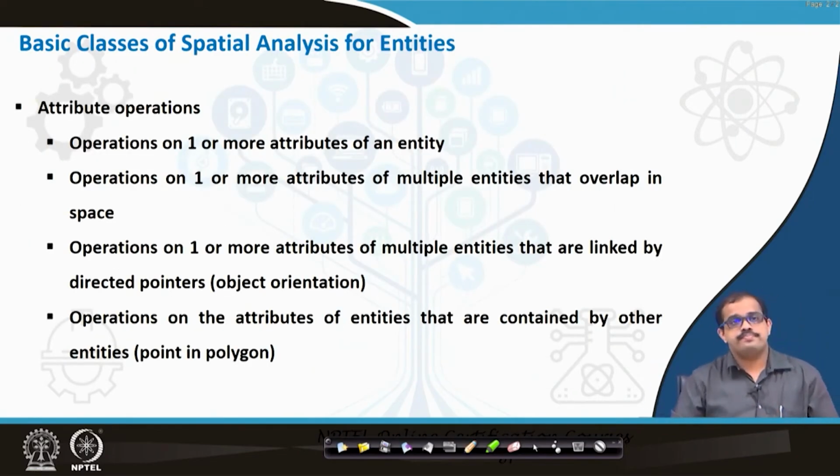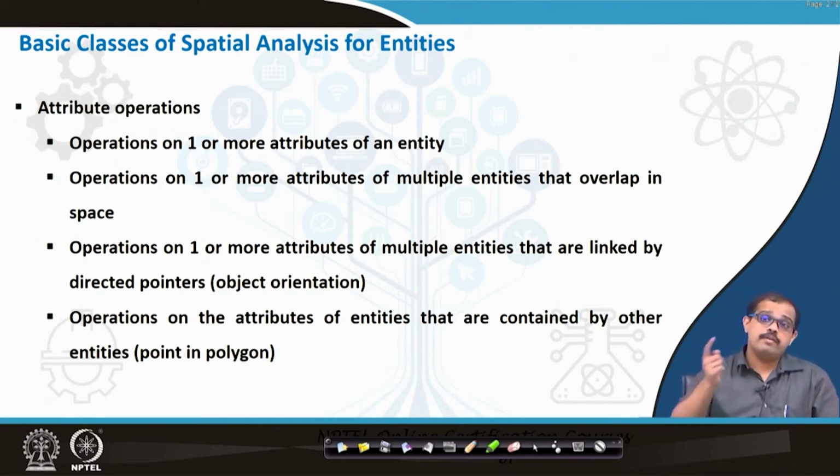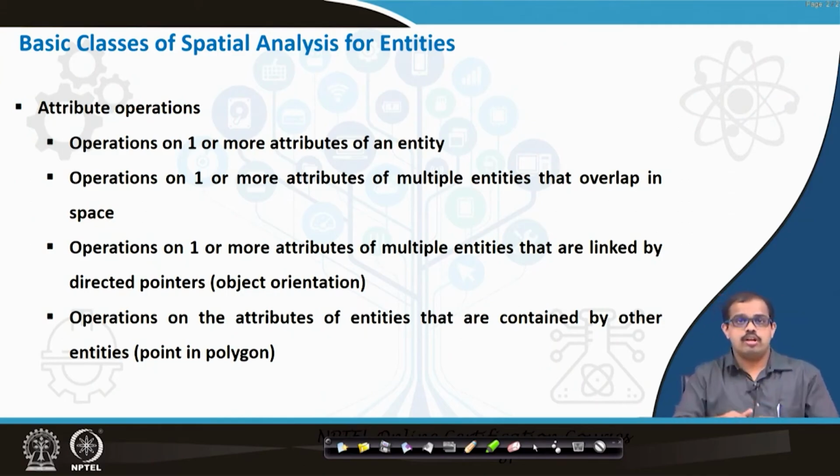Then when you look at basic classes of spatial analysis for entities, and I say entities, these are separate objects that are not continuous, they are discontinuous objects. So, attribute operations can be operations on one or more attributes of the entity. It can be single attributes or one or more attributes that overlap in space.